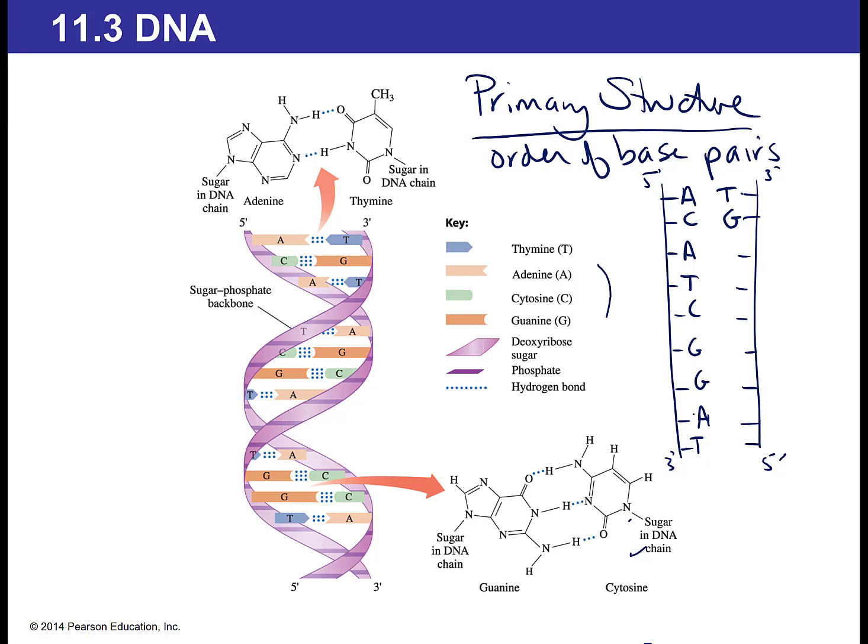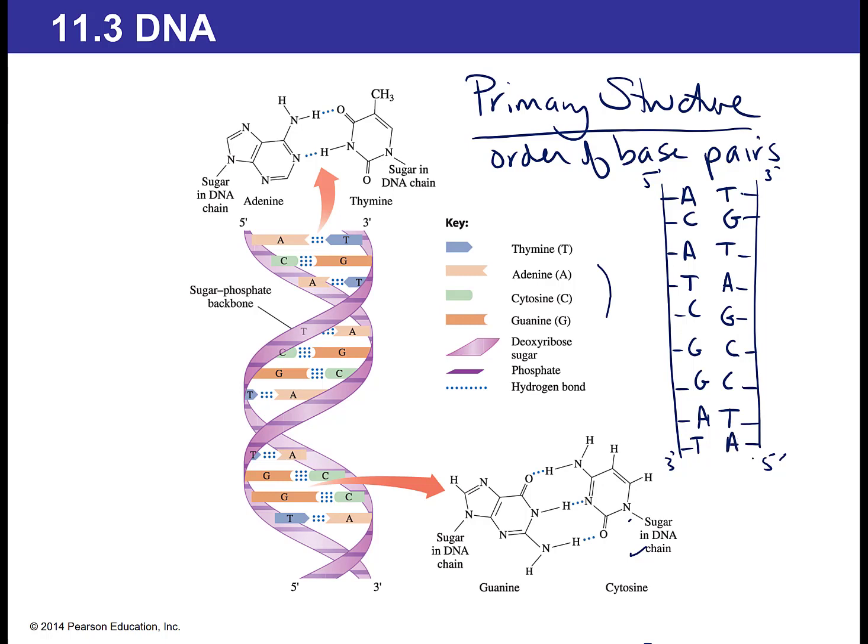Whatever though you find on the opposite side, it'll always be the complement base to the one that's on the left. So A will have T, T would have A, C would have G, G would have C, G would have C, A would have T, T would have A.